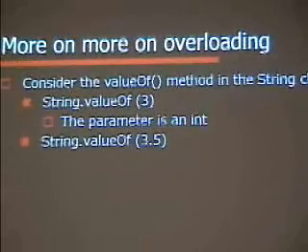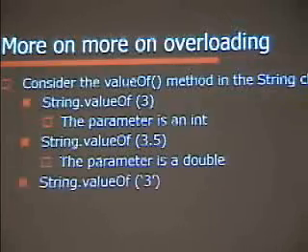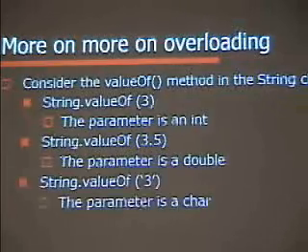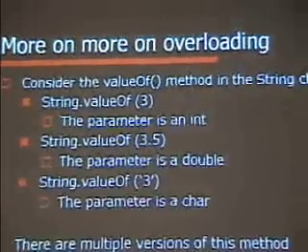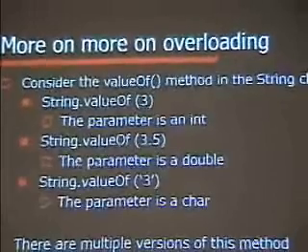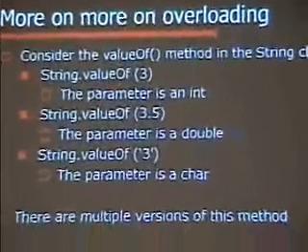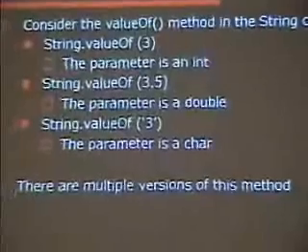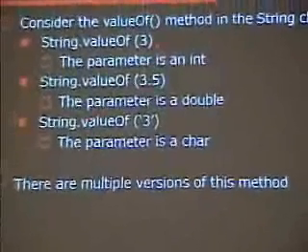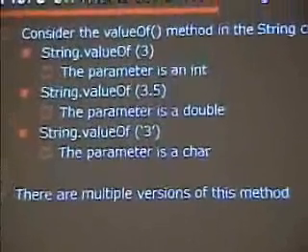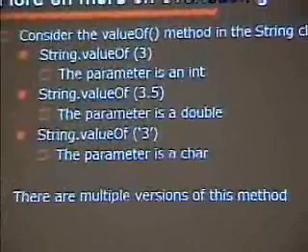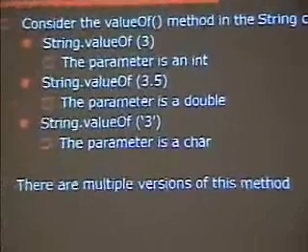So that's going to create a string that has 3 characters: 3, a dot, and a 5. It can take in a character, can take in a Boolean, pretty much anything. Notice here that we have a single named method, valueOf, that will operate slightly differently depending on the parameter list. There's only one parameter, but Java knows what type it is: int, double, character.